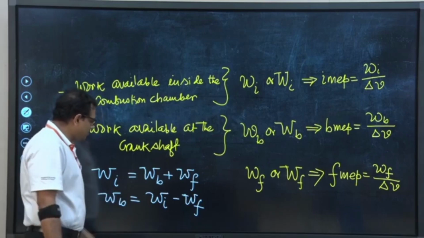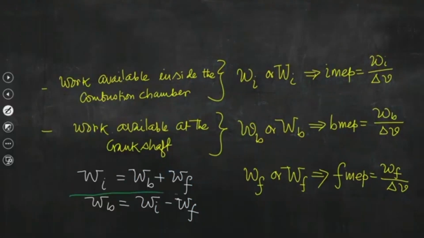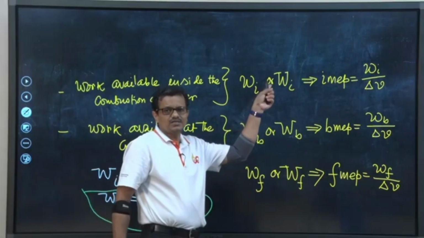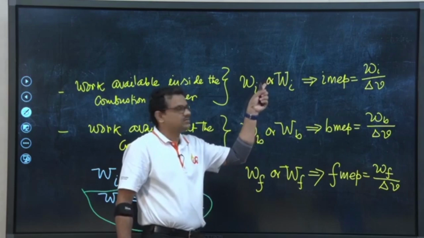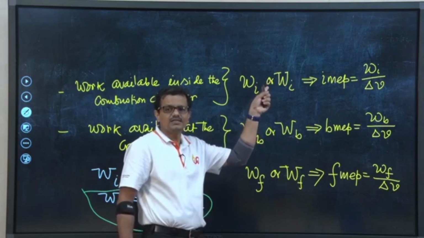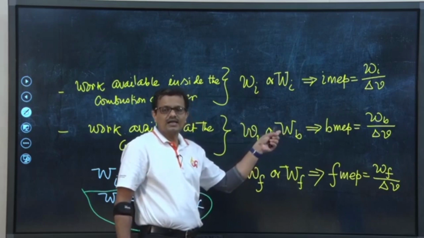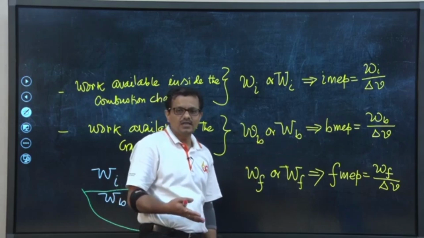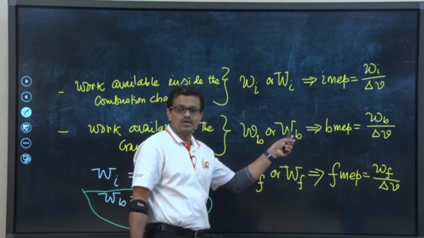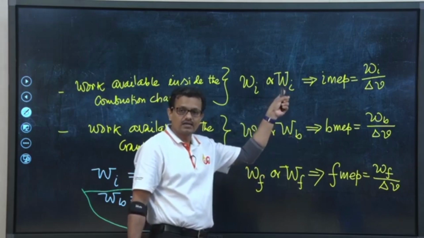So, what we can see from this particular expression is that this is the work which is not realized in practice, this is the work which is available inside the chamber, while this is the work which we get at the crankshaft. So, basically at the cost of some energy, eventually you are getting this amount of work, though the work which is produced inside the combustion chamber is even higher.